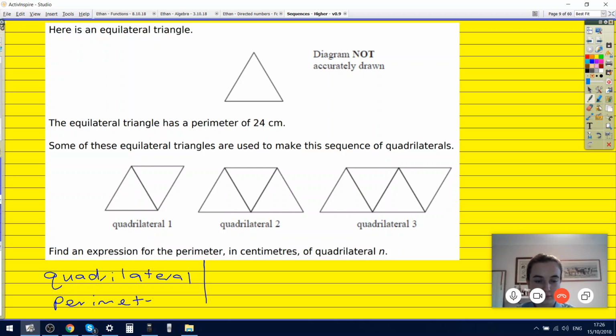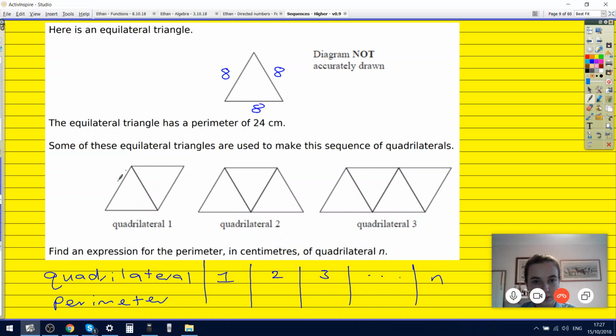So what is the perimeter of the first one, do you know? Or how do you find it? You divide 24 by 3. Yeah, what do you get? 8. So each of these sides is 8.